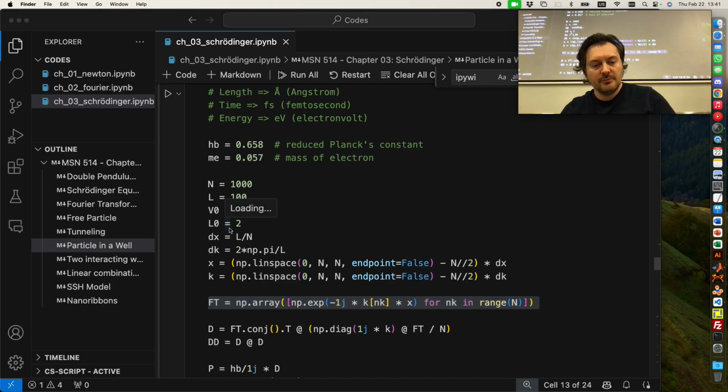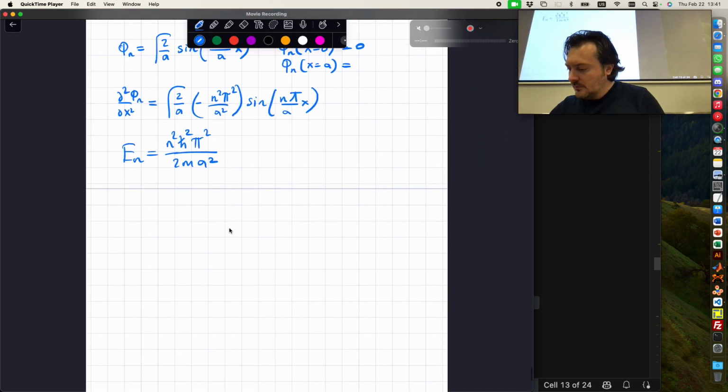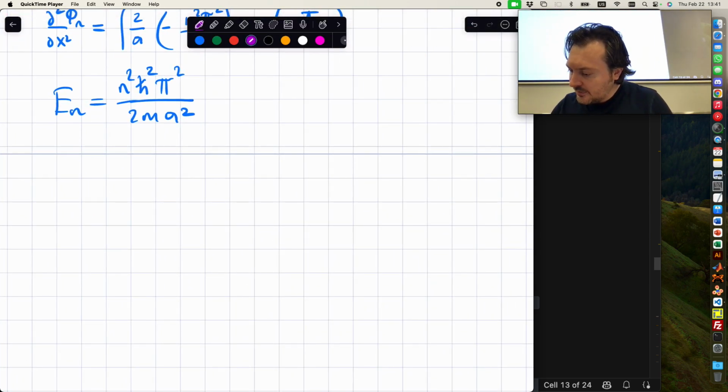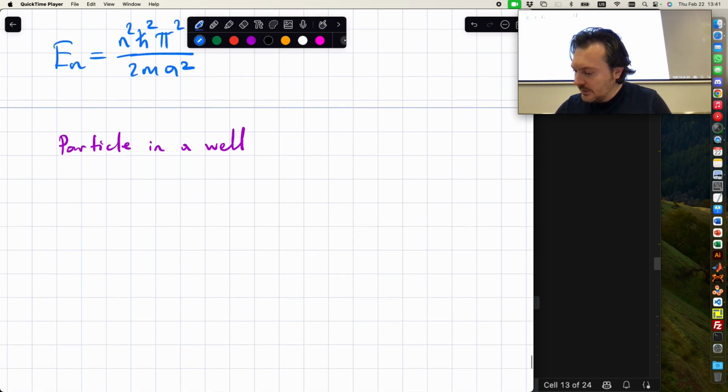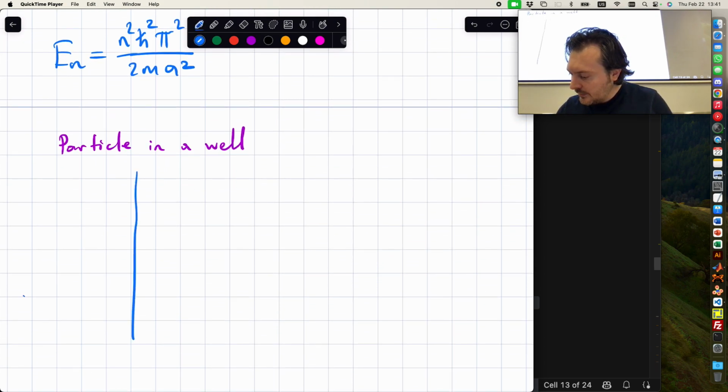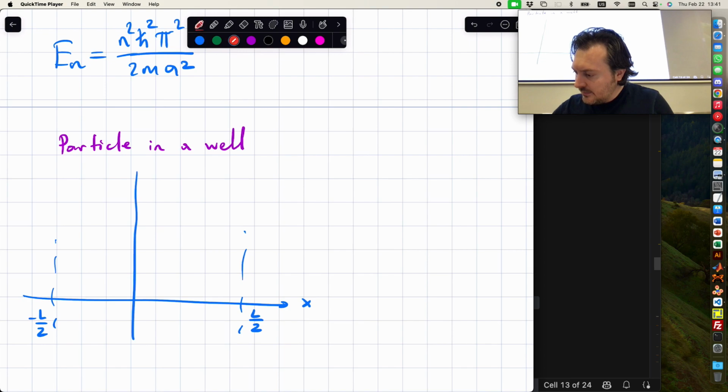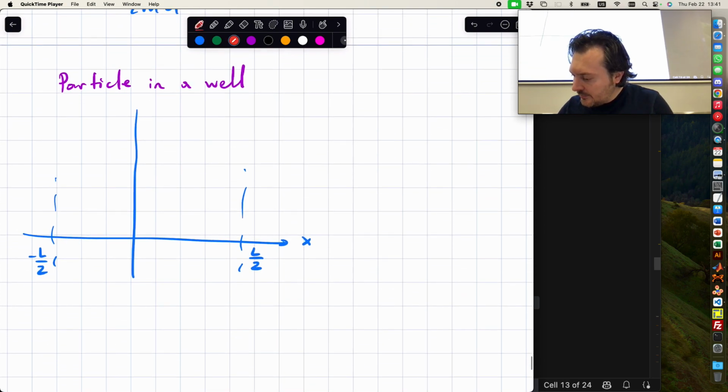Let me draw it for you. So we are looking at particle in a well, and this particle in a well system has x coordinates like this, and the coordinates are defined from minus L over 2 to L over 2, but within that we have potential that is 0 except for here there's a well.